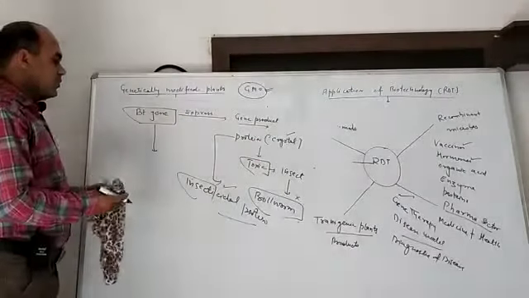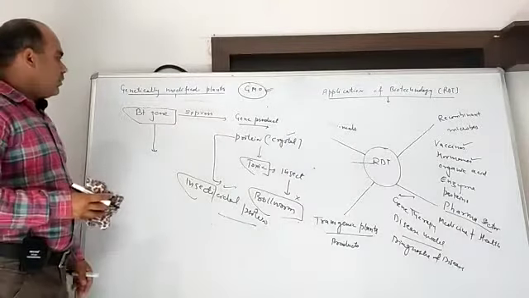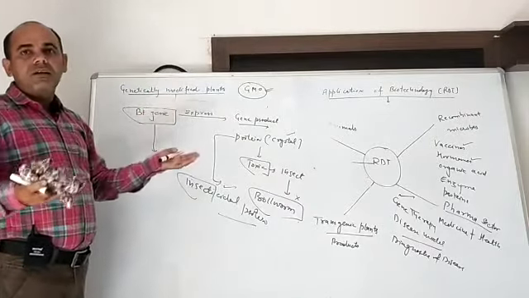Now the question arises: if these proteins are harmful, toxic in nature, then why can't this bacteria, Bacillus thuringiensis, be killed?